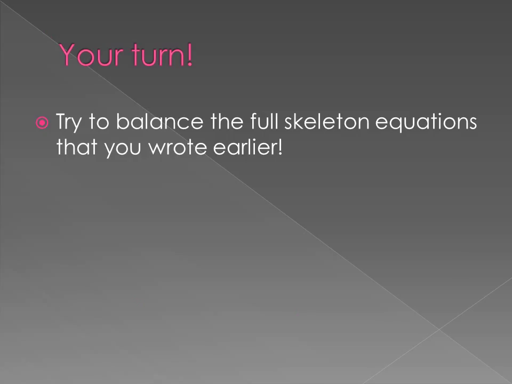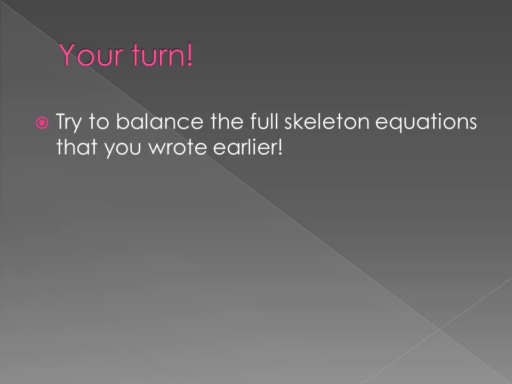Okay, so we've gone over balancing equations and all of the steps you need for those, which are very similar to full skeleton equations, and we need to make sure that we can go over and try these. So the examples that you tried earlier with the ammonium gas and the potassium and magnesium bromide that you did for writing full equations, I actually want you now to try to balance those.